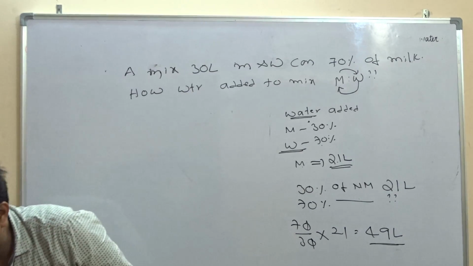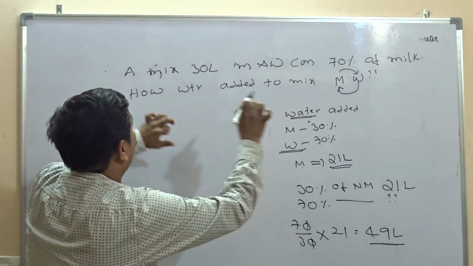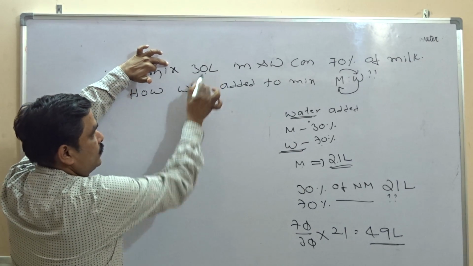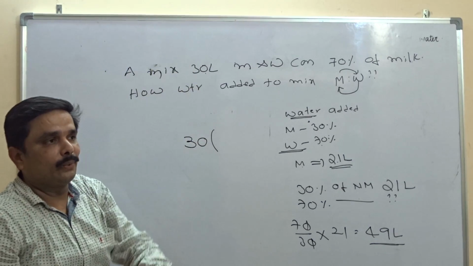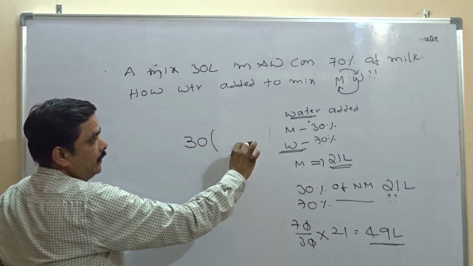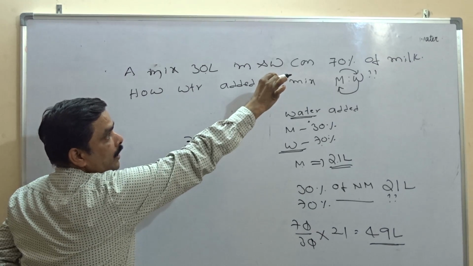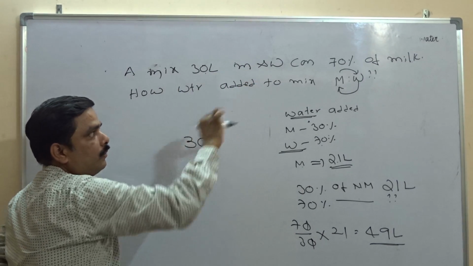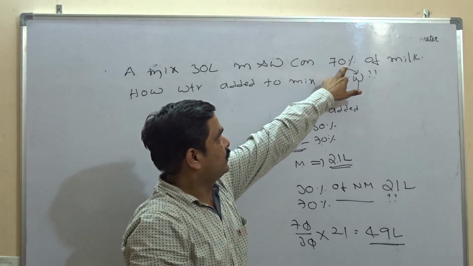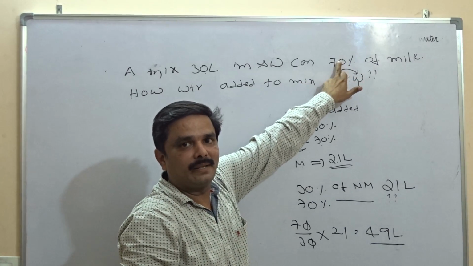First, you take the total quantity of the mixture, into what is the original quantity in this mixture. You take that because now I'm solving the question with the help of percentage of milk here, right?